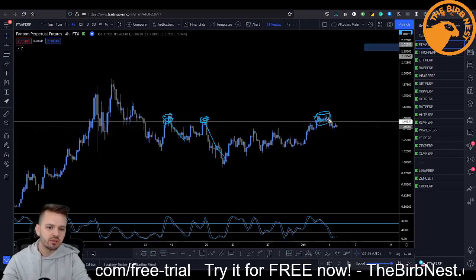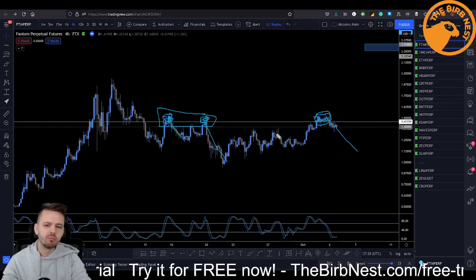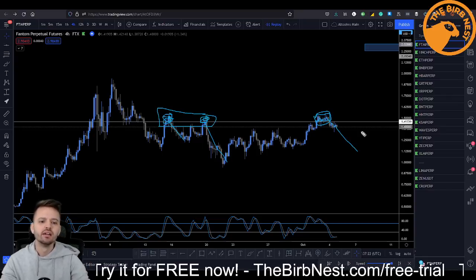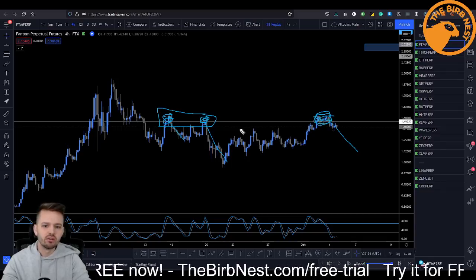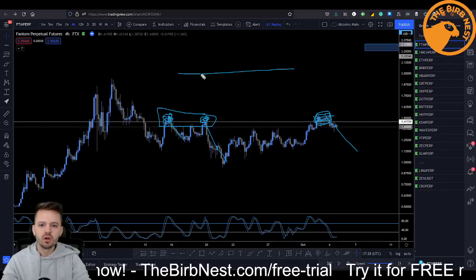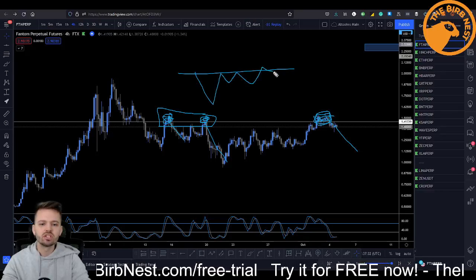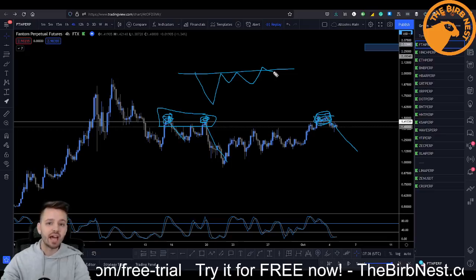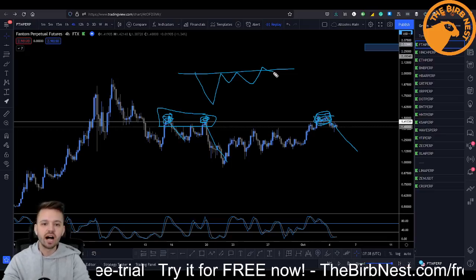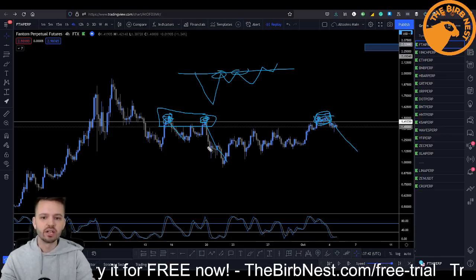If this move to the downside is as volatile as these ones, it still shows that there's a lot of selling pressure right here. But if the move becomes weaker and weaker and weaker, the probability of the next breakout being the actual breakout is obviously higher than on these touches right here.